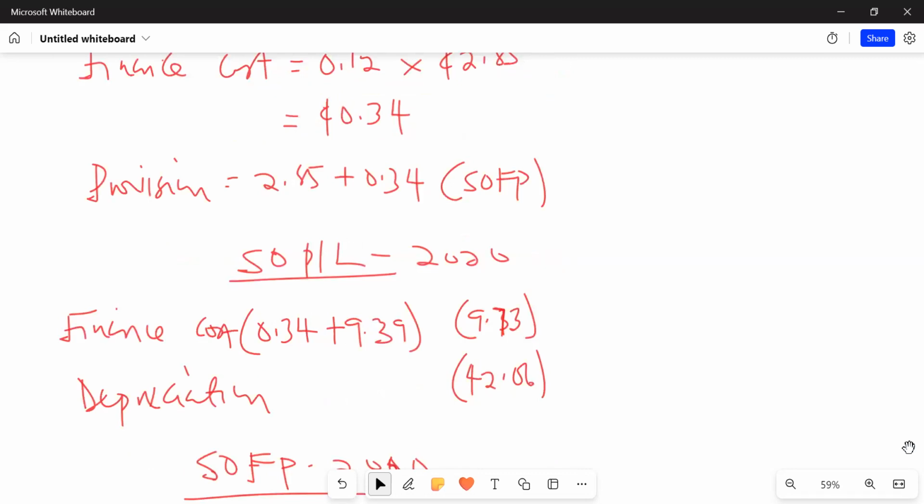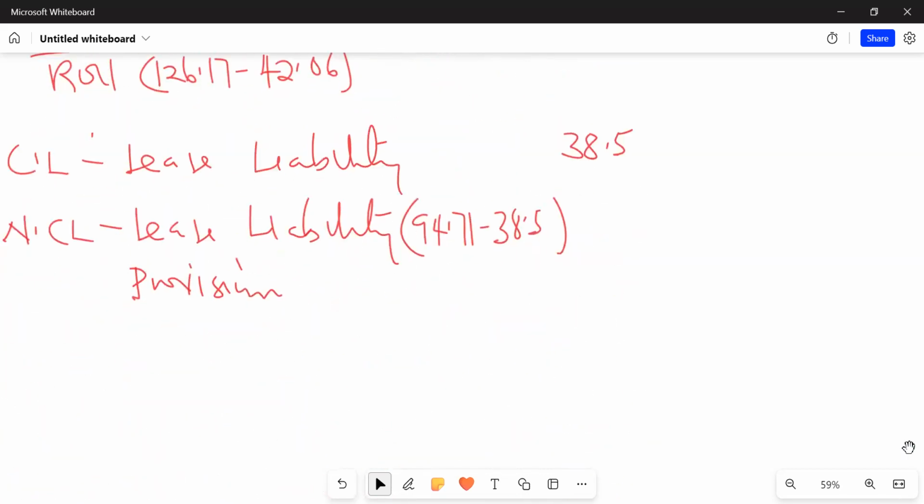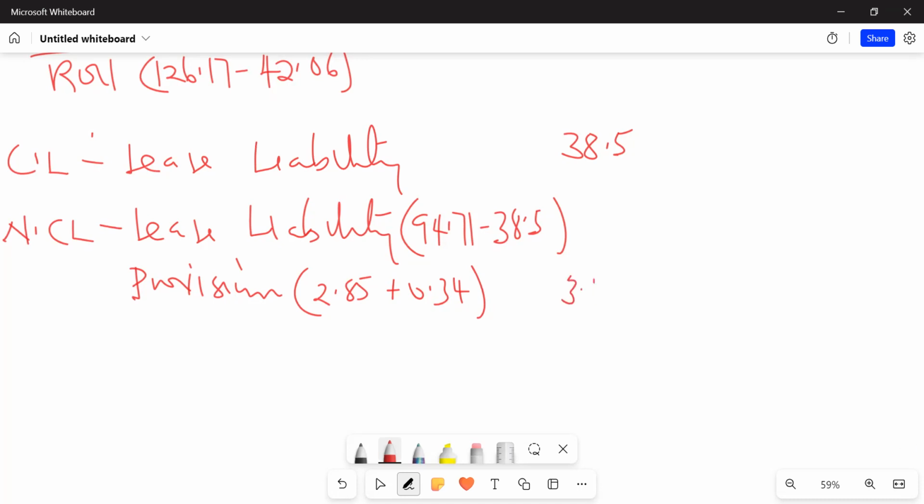Let's come to the provision. What will be the value of the provision? 2.85 plus 0.34. What will be the total value of the provision there? 3.19.